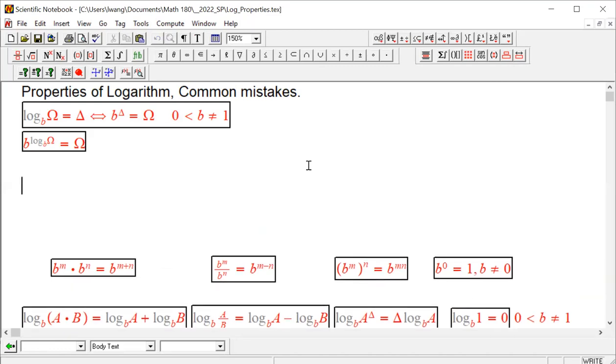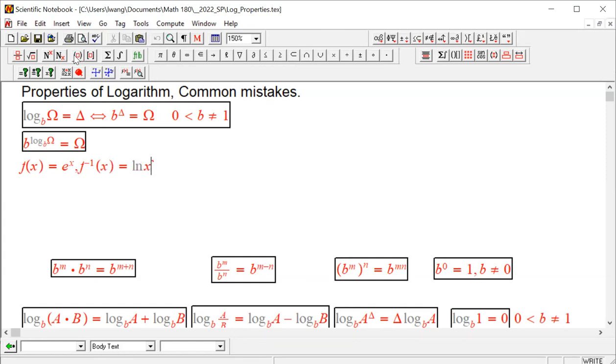But we have seen this before, right? What is the context when we see this? When we are composing functions, right? For example, we know f of x equals e to the power x, right? And its inverse is f inverse of x equals ln x.